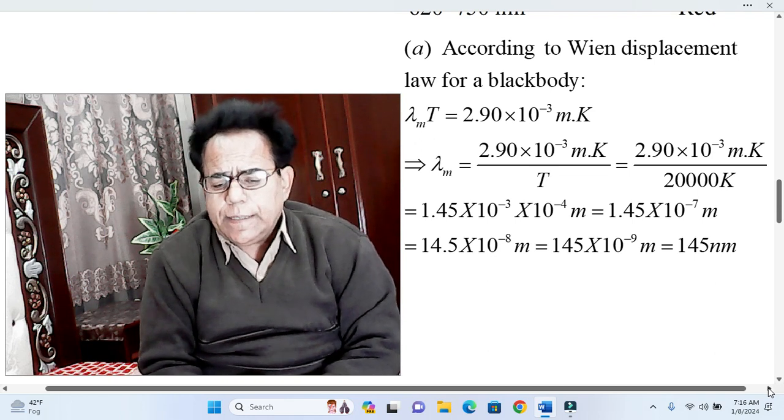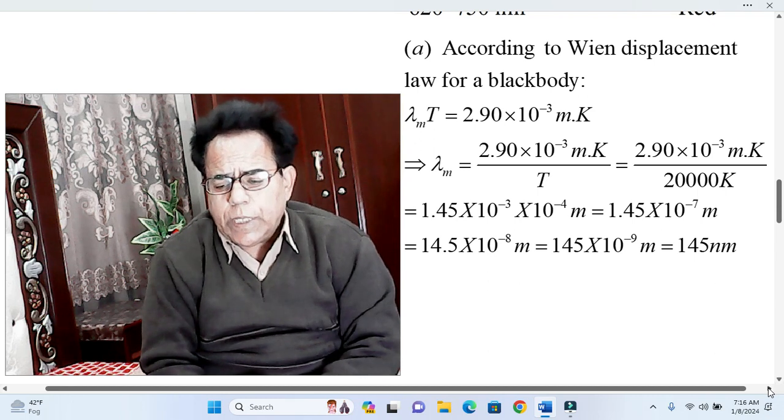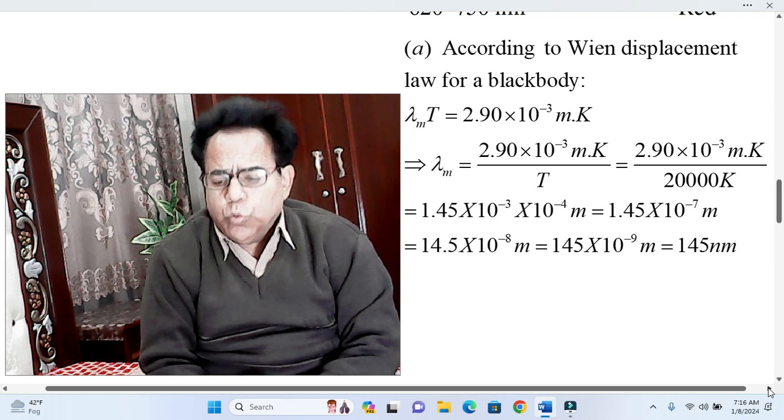This implies that lambda m alternatively becomes equal to 1.45 into 10 raised to the power minus 3 into 10 raised to the power minus 4 meter. What we have done, dear students, we have divided 2.9 by 2.